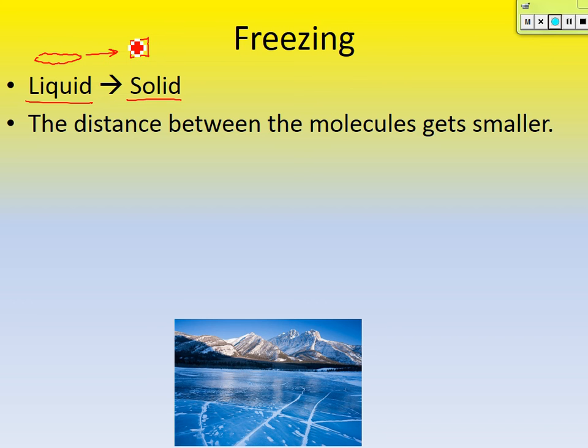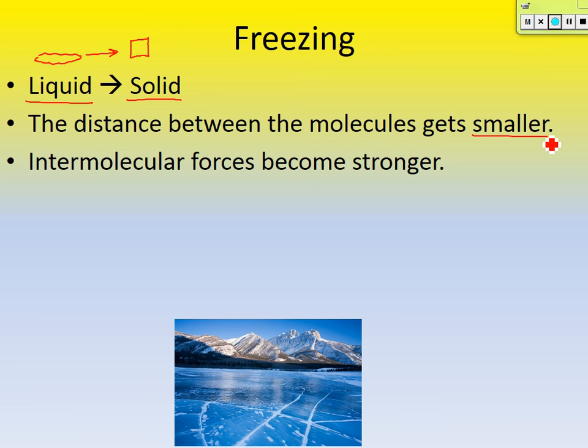So the distance between the molecules gets smaller. They get closer together. Before I put it up, what do you think is happening with the strength of the intermolecular forces here? Stronger. They get stronger because they're getting closer together. Those forces get stronger.